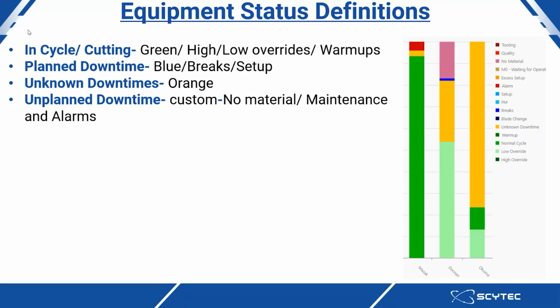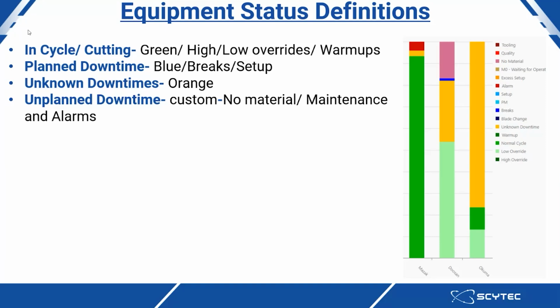From the get-go, DataXchange defines these colors and what they represent, as in cycle being shades of green, which can also detail things like high and low override, as well as machine warm-ups. Planned downtimes are in shades of blue, and they can show things like breaks and machine setup times. Unknown downtimes are in shades of orange, and then unplanned downtimes are custom, and that can be something like no material, maintenance, and alarms.